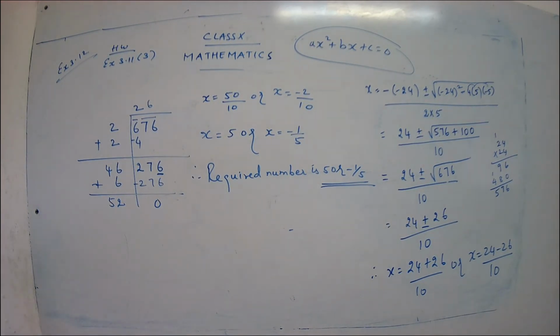So I hope we have done the sums. That is, we have done the solved examples from 3.1 to 3.12. So you are going to continue from there. You are going to start from 3.13. Just take that page. Where is 3.13? Find out. Have you found?